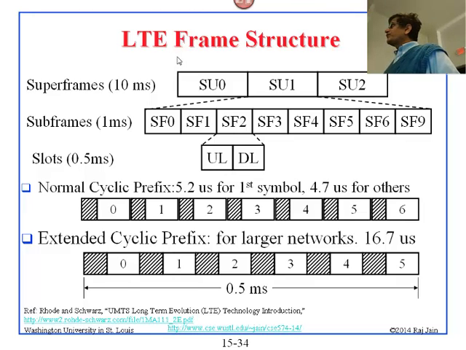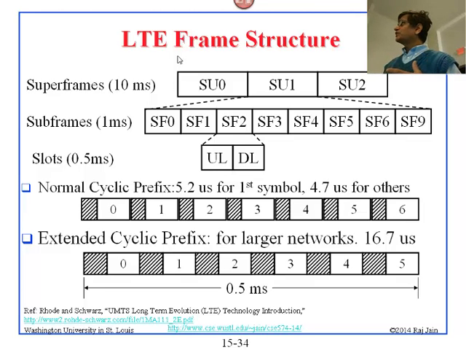However, there are situations where we need an even longer prefix because we are going farther distances. Remember, the cyclic prefix takes care of the multi-path delay spread. If you come directly and you come through a reflection, those will collide and you will lose part of the symbol, and that is the part that is covered by the cyclic prefix.